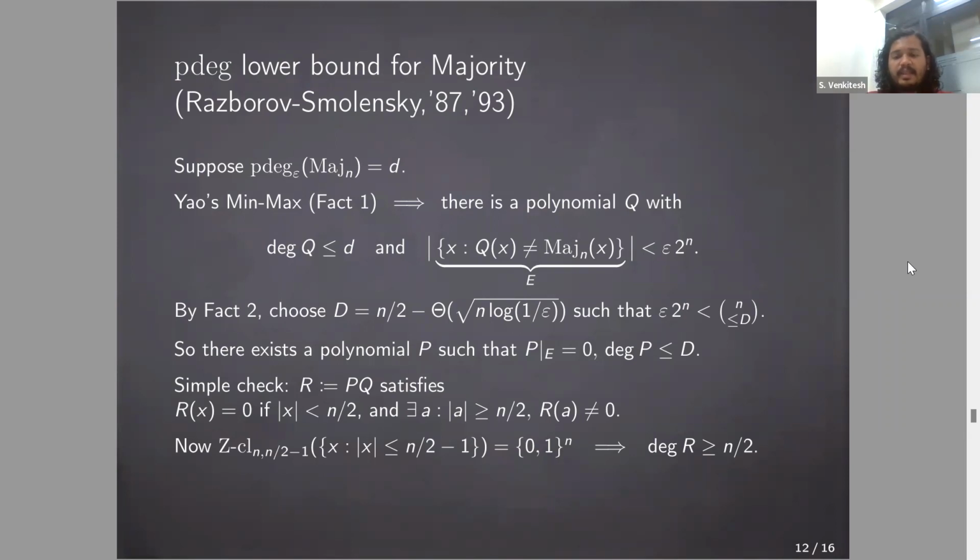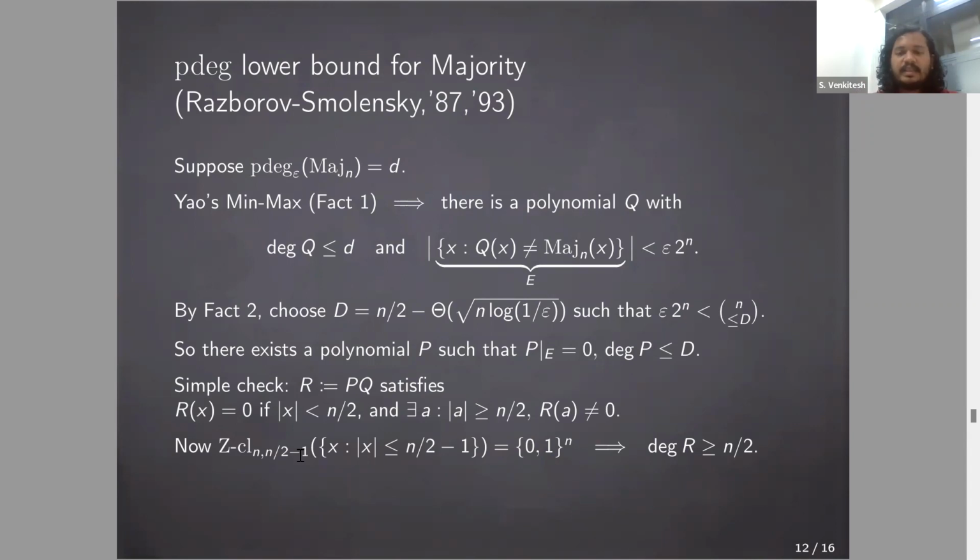But now here's a point at which the polynomial is non-vanishing, but the polynomial is known to be vanishing on the Hamming ball of radius n by 2 minus 1. Therefore, the degree of R should be at least n by 2. So this is exactly the contrapositive form of the closure statement that I was mentioning.